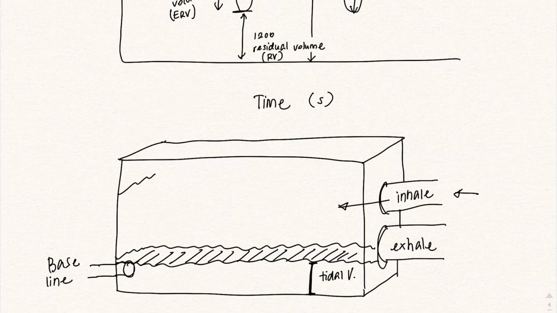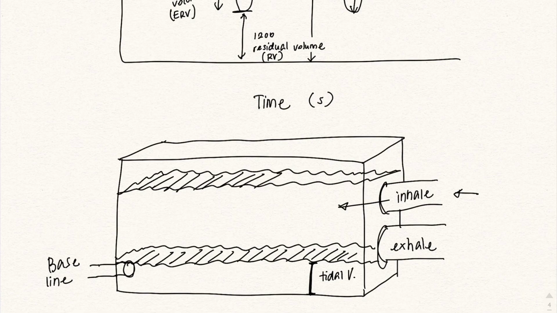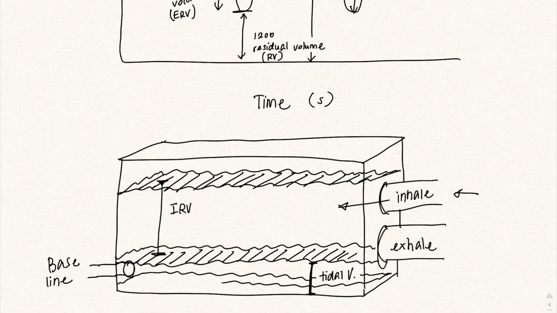The IRV is the extra amount of air or water you can inhale after a normal breath. So think of it as the additional water you can pour into the tank after filling it up to its regular level. Then the ERV is the additional water you can drain out from the tank below its regular level at baseline.